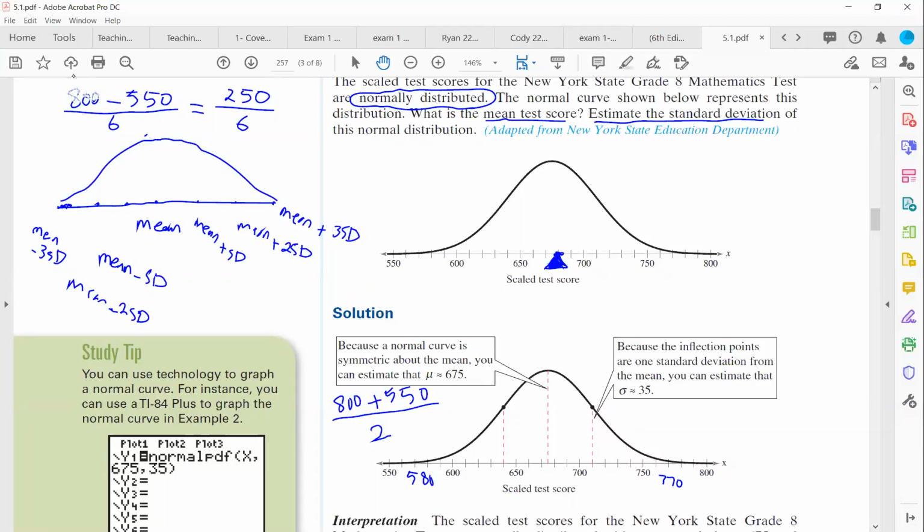So 770 minus 580, which gives you 90 divided by 6. You simplify this fraction. 30 divided by 2.